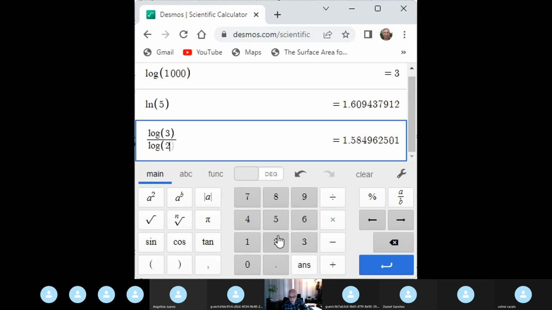The answer is, I want to copy it, 1.584962501. Do you see that? It's obvious, because it's an irrational number. An irrational number has infinite non-repeating decimal digits. Therefore, of course, you truncate or you round, normally to four decimal places.